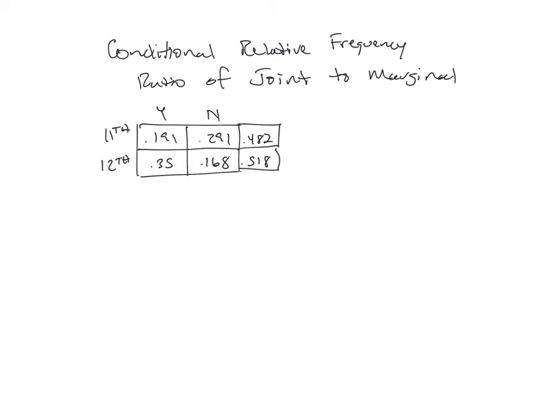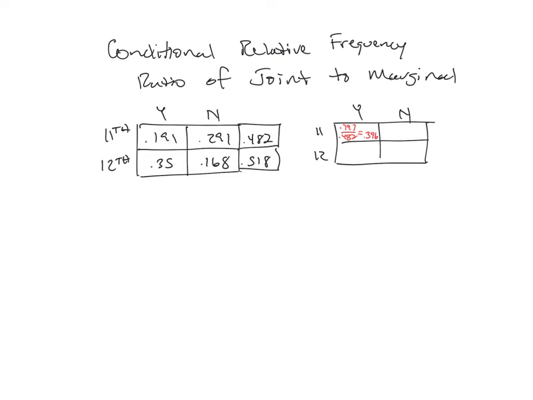So it wants to know the conditional relative frequency. It's the ratio of the joint to the marginal. So it's just the 11th grade one, or it's just the 12th grade one. Okay, so when we create this new info, this one would be 0.191 over 0.482, and it's 0.396.